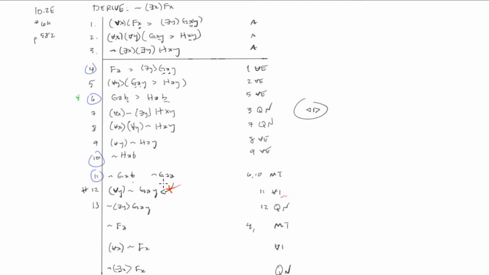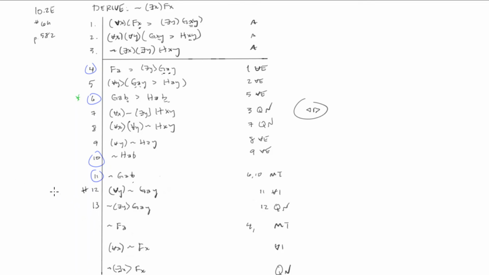Universal introduction says that if you replace a name with a variable and add the universal quantifier, that name can't appear in the sentence, okay? So we can fix that easily by simply putting the name B in on line 6. So that was a smart move.